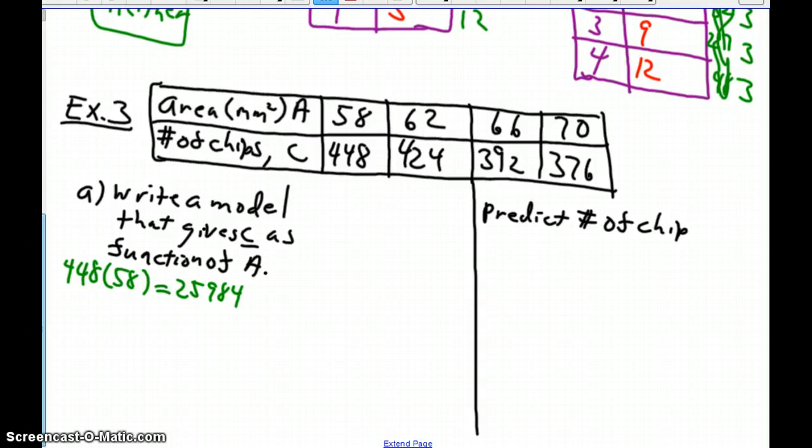How much is 424 times 62? What you guys get? 26,288, right? Okay, all right. How much is 376 times 70?